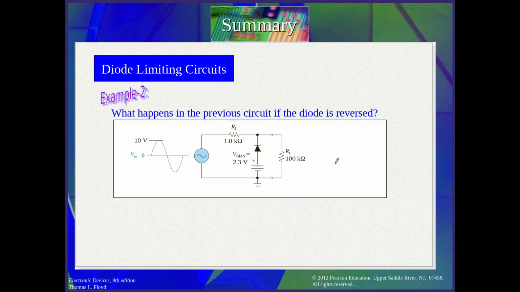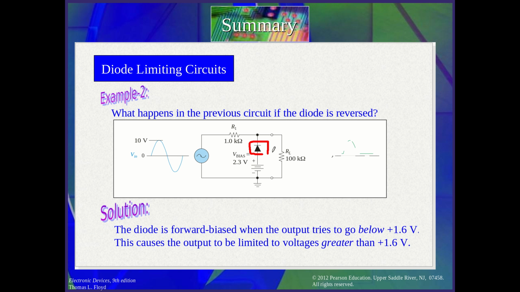Now this is in the circuit. So what happens in the previous circuit if we reverse here? This is the reverse of the diode only, so the diode only is reversed. So we will see a cutoff from the other side, so a minus. So instead of 0.7 plus 2.3, the current will go this side. This is the reverse side, so it will not cut off anything here, but it will cut off from the other side, in the reverse bias.